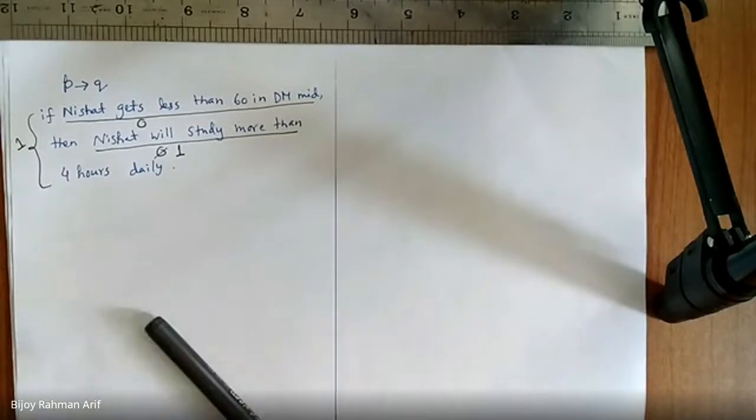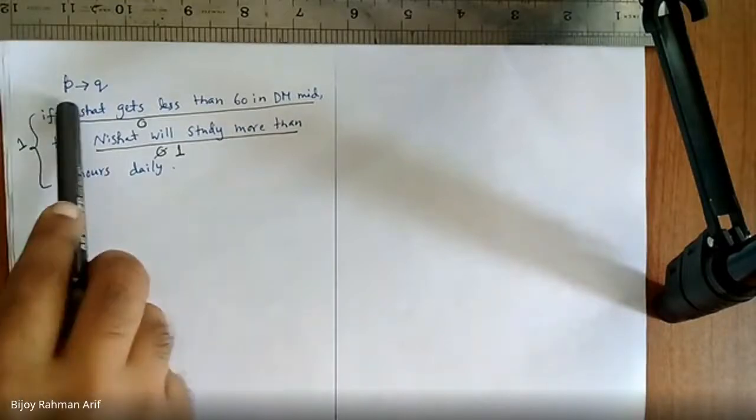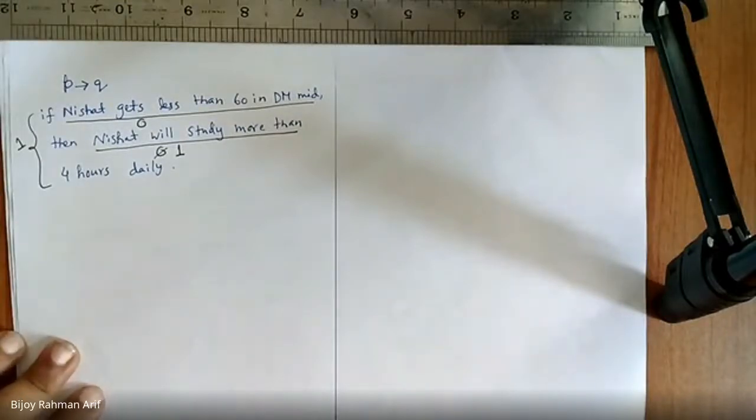So now listen to those who say it is all right. Tell me why it is all right. Sir, this statement does not say what she will do if she gets more than 60. Wonderful. Listen, it is not said; implies is one-way directional.